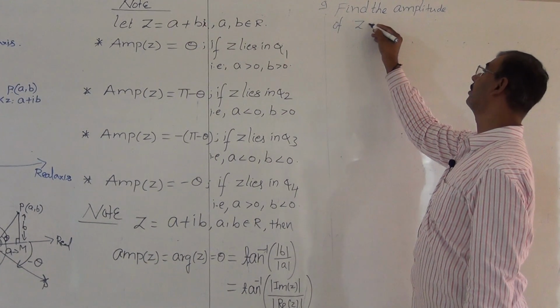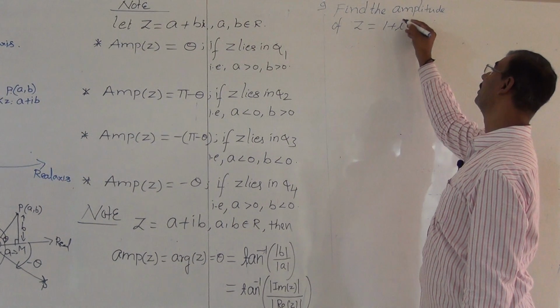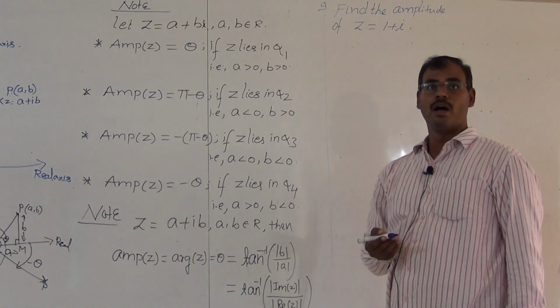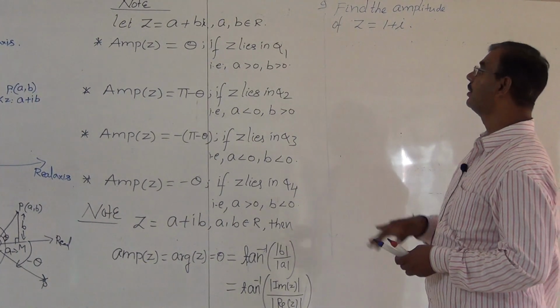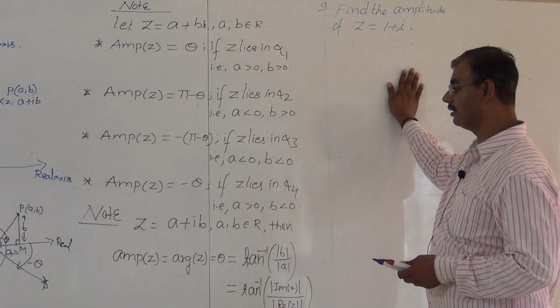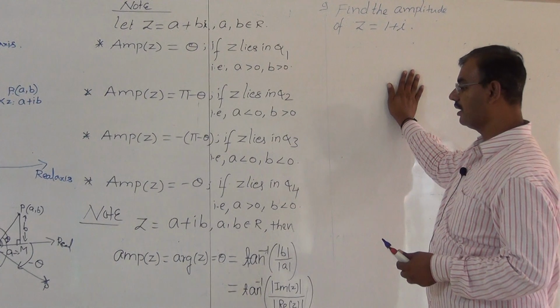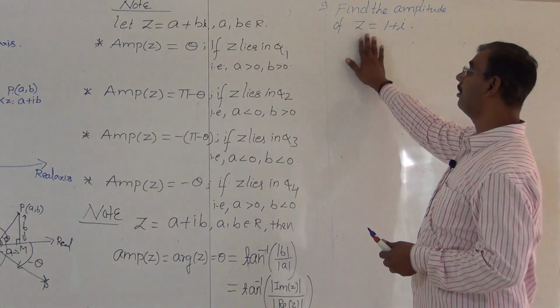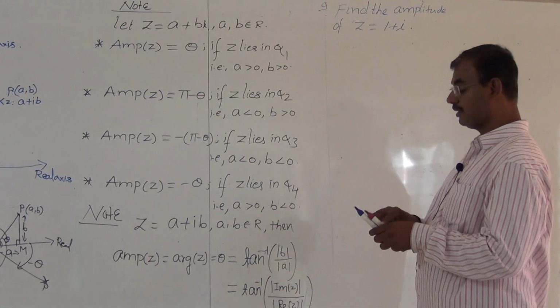z is equal to 1 plus iota. How to find the amplitude of the complex number z is equal to 1 plus iota? The first step, take the complex number.